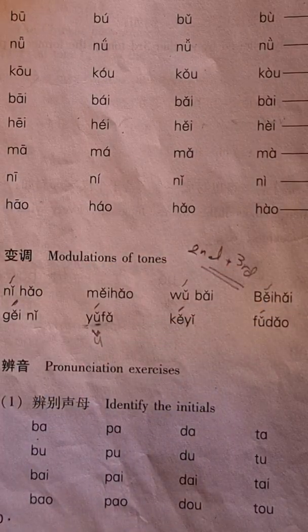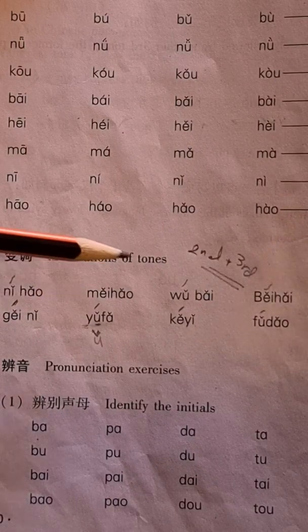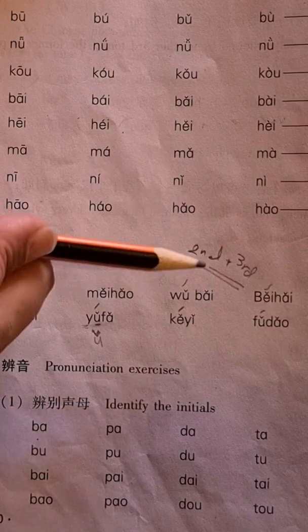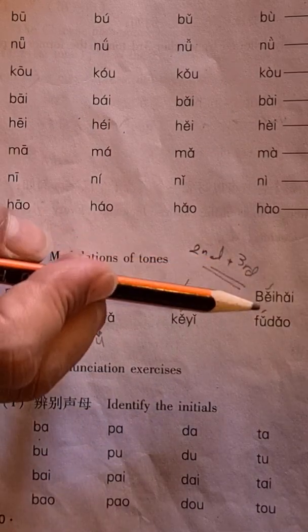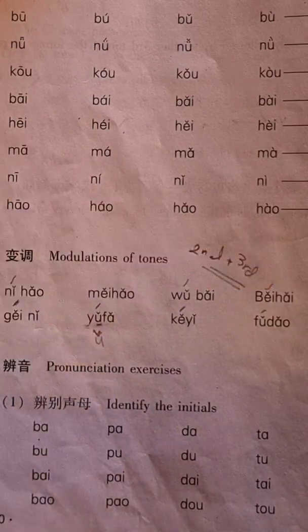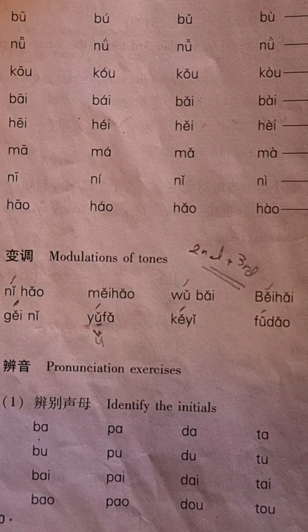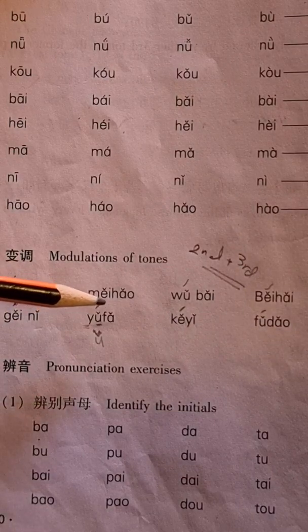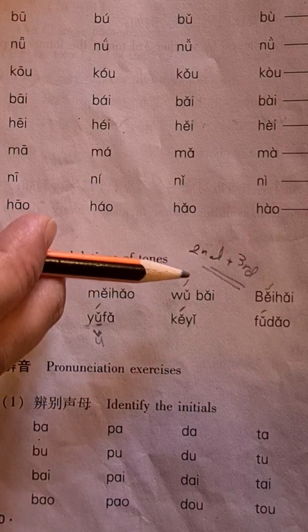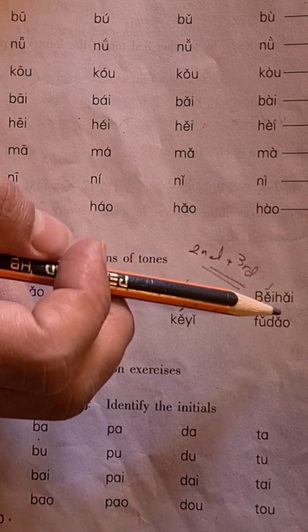The wrong way to pronounce them is to say 你好, 美好, 500, 北海, 给你, 语法, 可以, 辅导, with each one in third tone.